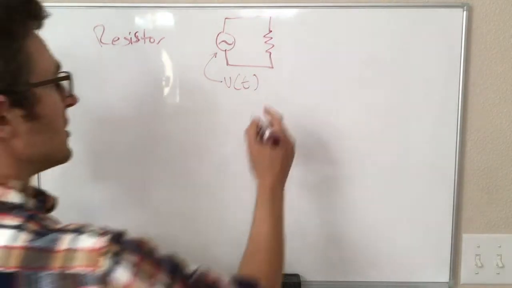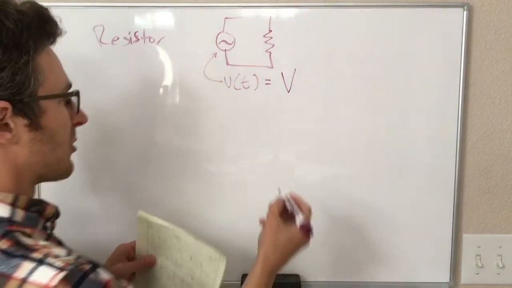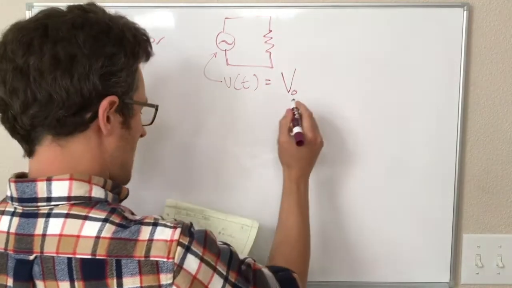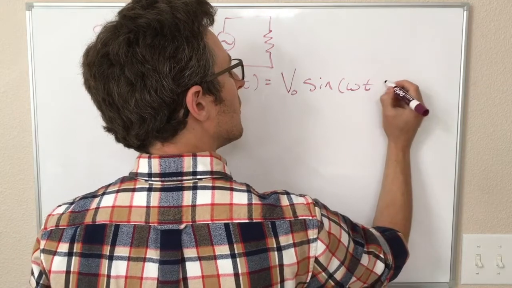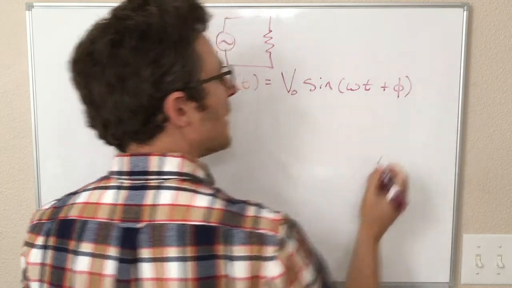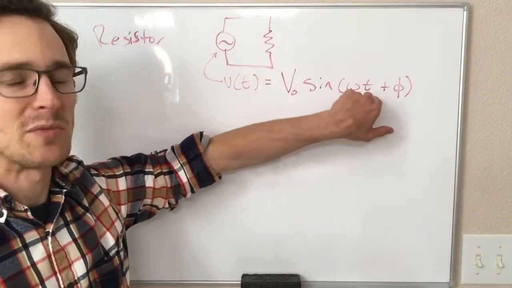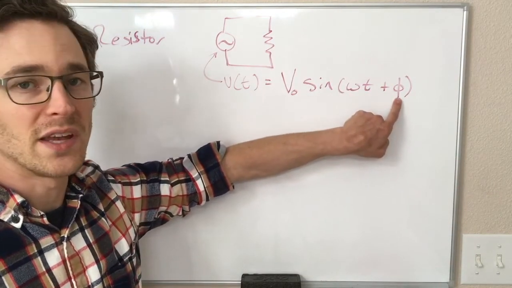And we'll say this voltage is some amplitude, capital V, or we could use capital V naught, just to show that it's some constant amplitude, capital V, times the sine of omega t plus phi. So we're keeping this oscillation totally general. At time t equals 0, we can be anywhere in the oscillation as determined by this phase phi.